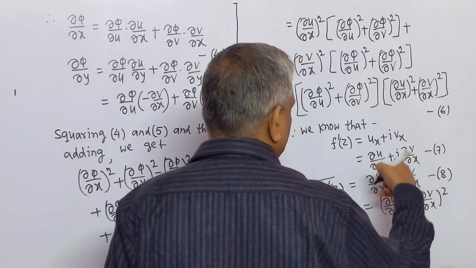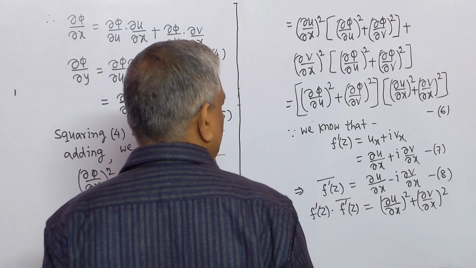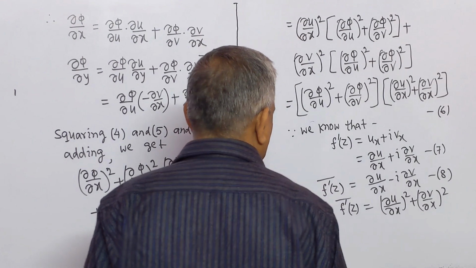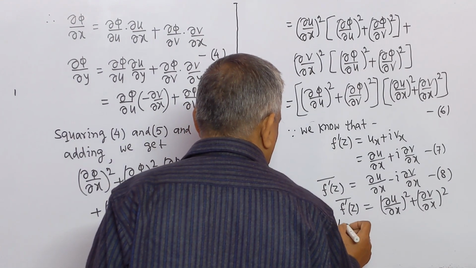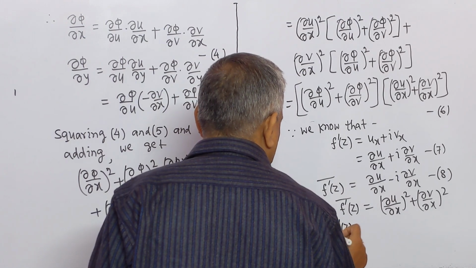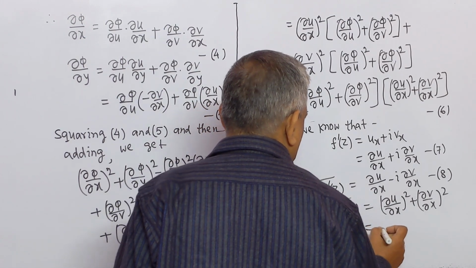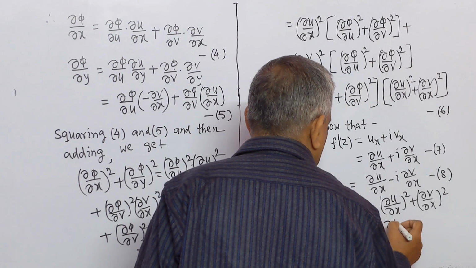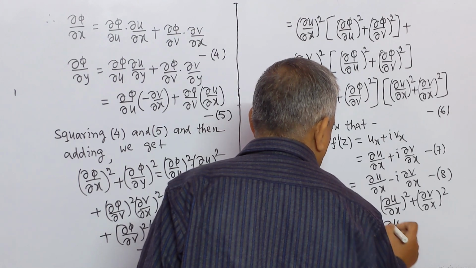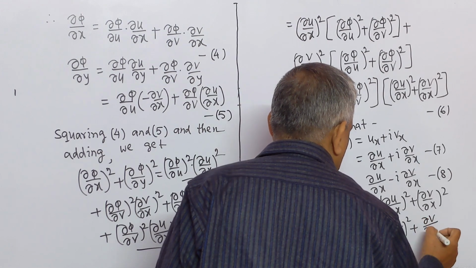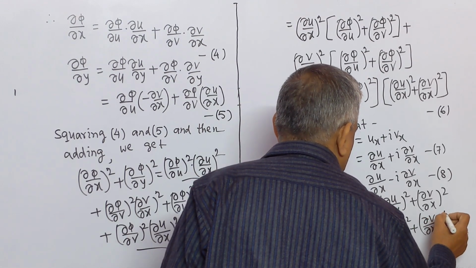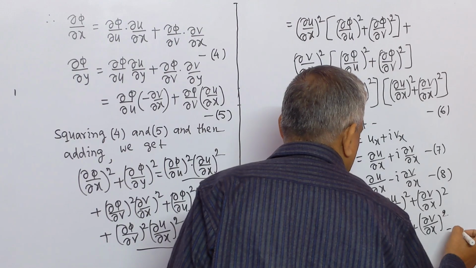If we multiply 7 and 8 right side, we will get this, and this will be modulus of f prime z whole square equal to del u by del x whole square plus del v by del x whole square. This is number 9.